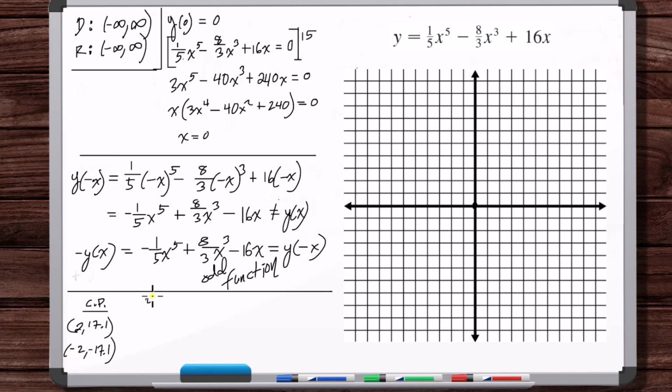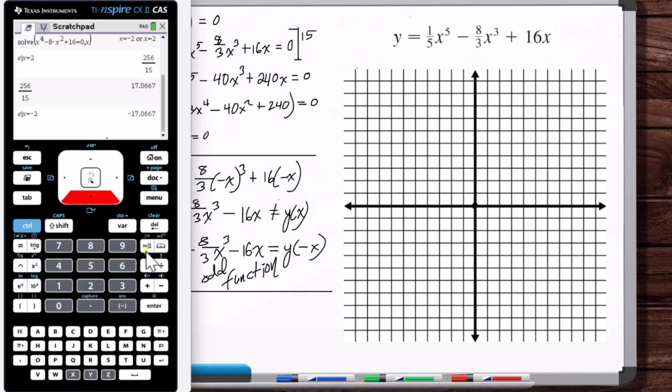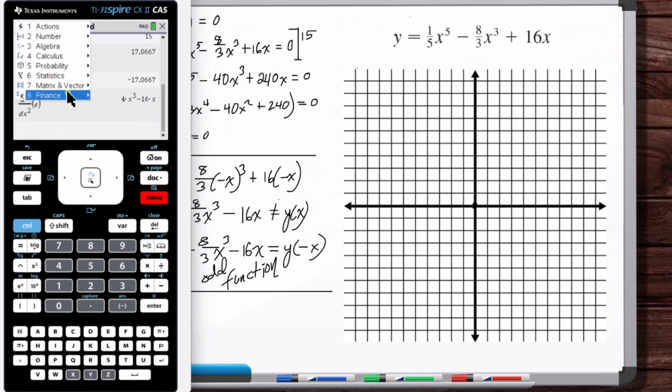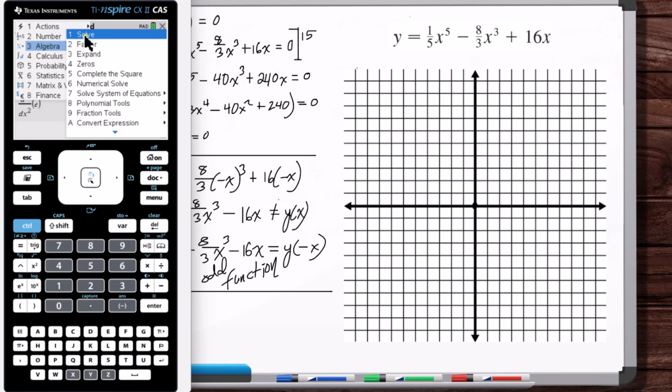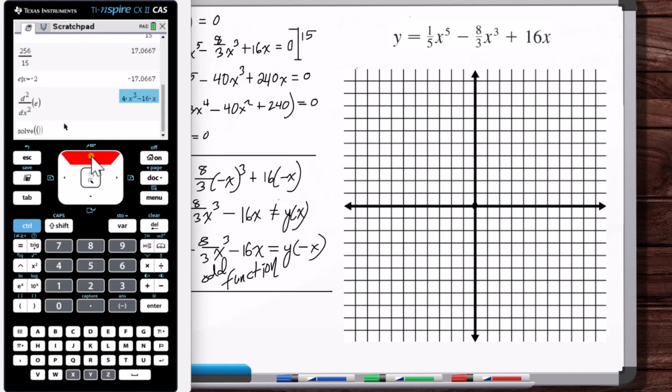Okay, now let's get the second critical points. So take the second derivative. There's no points where this doesn't exist, so just solve for when the second derivative is equal to 0: -2, 0, 2.